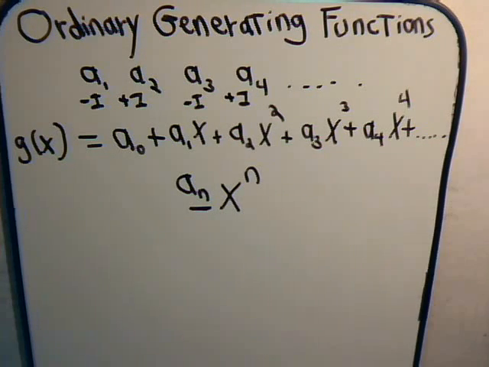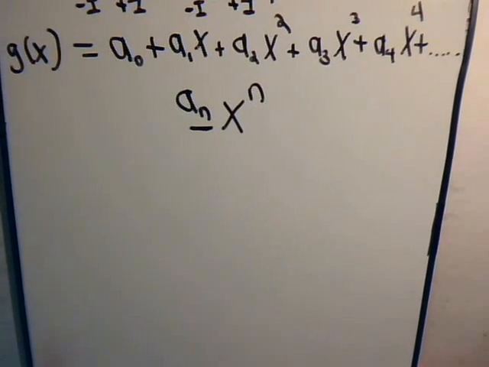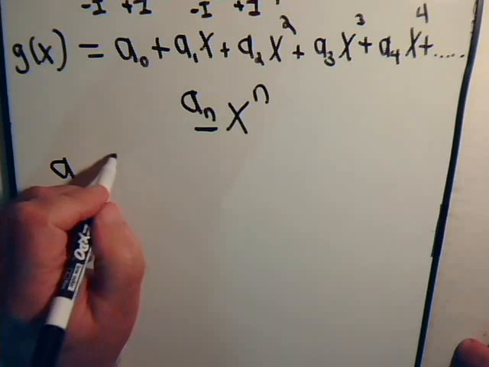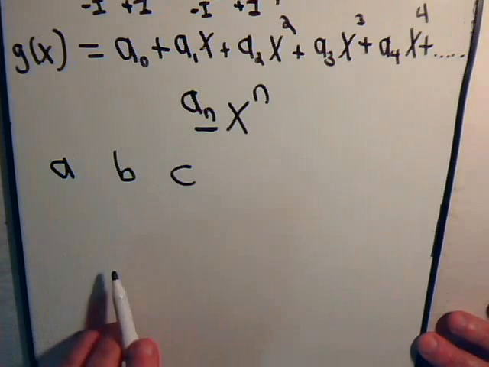To get an idea as to why that holds, let's just say that we had 3 different objects, say A, B, and C. Now, how many ways can we select one object? Well, there are 3 ways.